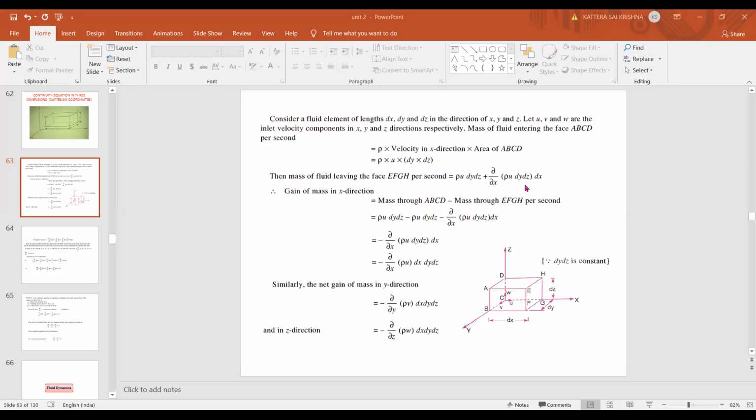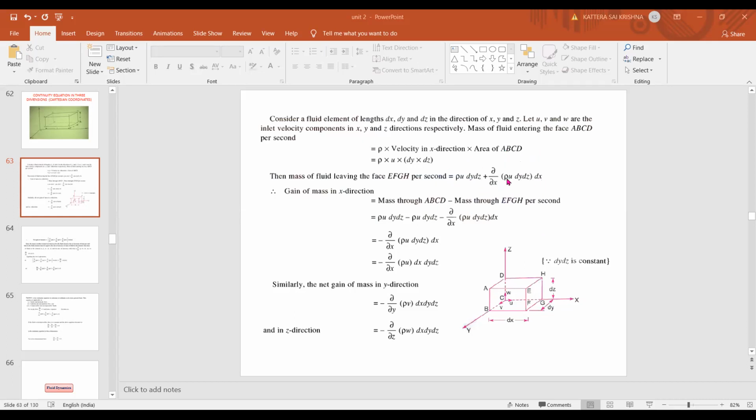How much it has changed, we don't know; we need to find that later. So rho u into dy dz plus dou by dou x of rho u into dy dz into dx. Why we are taking dx is because the change is taking place in x direction. We are taking the flow in x direction. So that is the term we get for the mass of the fluid leaving the face EFGH per second.